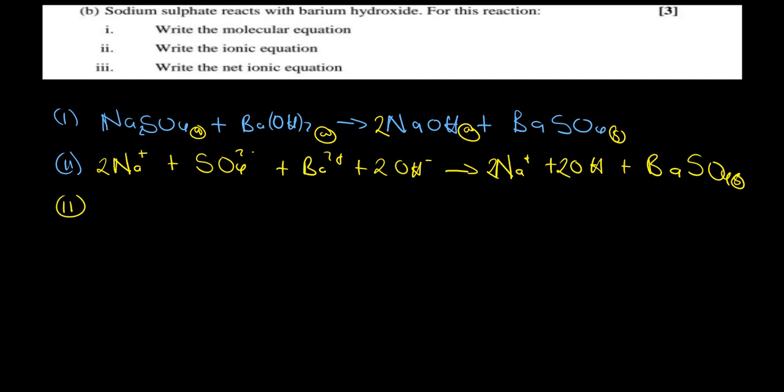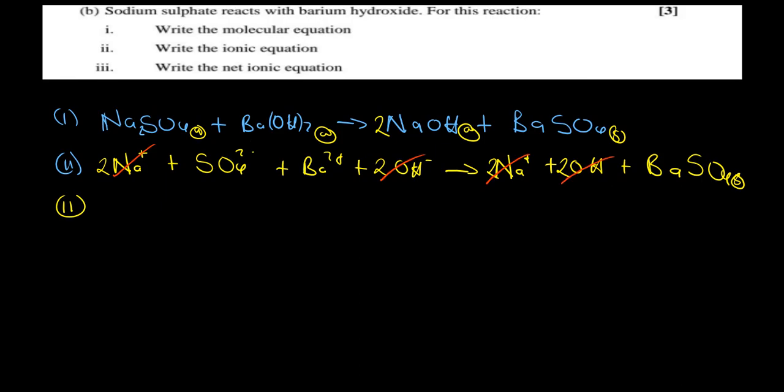For the net ionic equation, you cancel all the spectators, those things that are just there to escort, in short, things found on both sides. Like sodium there has gone; sulfate there, no, sulfate can't go. We have barium there also, and hydroxide there and also hydroxide there.